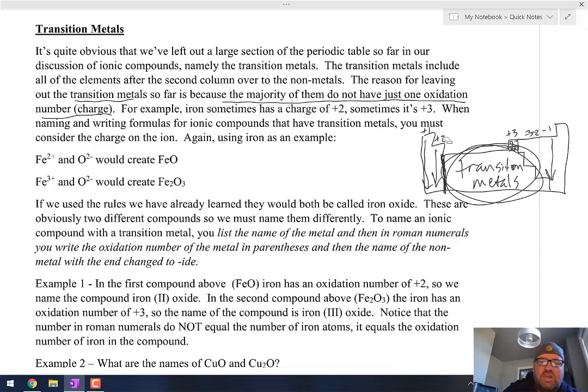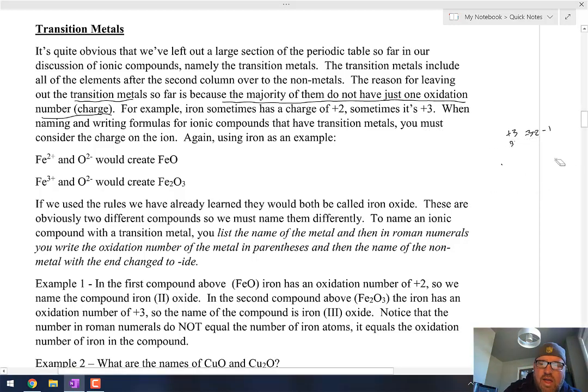So let's start with iron as an example. Iron is number 26 on the periodic table. It obviously has 26 protons, 26 electrons, but iron sometimes has a charge of +2, which means sometimes it loses 2 electrons, and sometimes it has a charge of +3, meaning it loses 3 electrons.